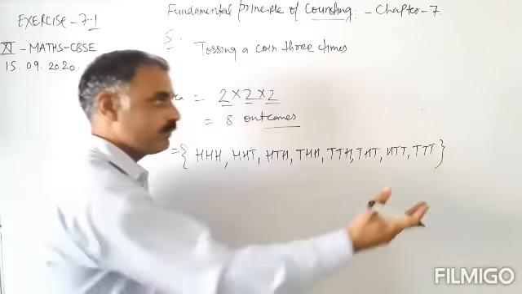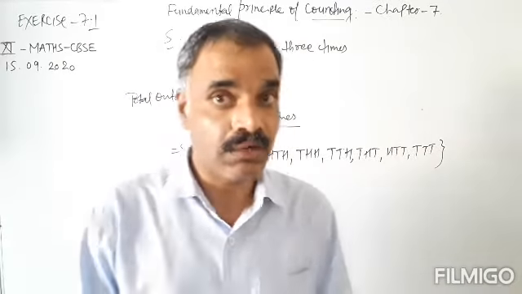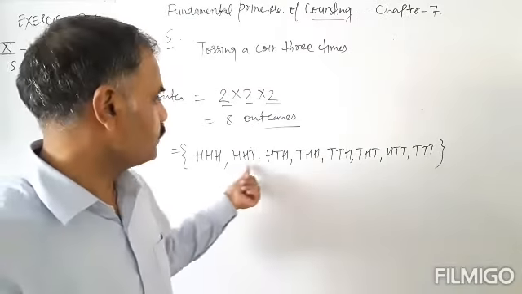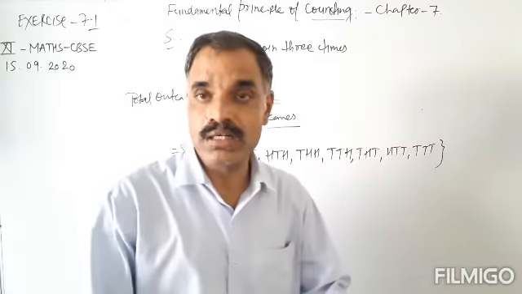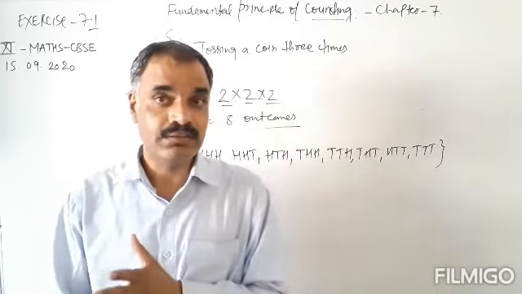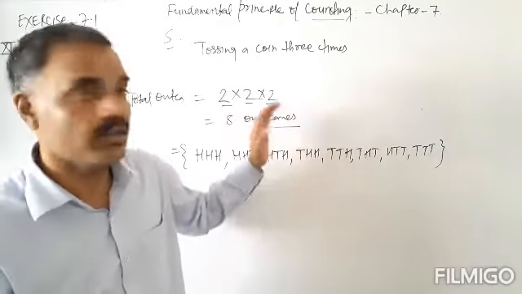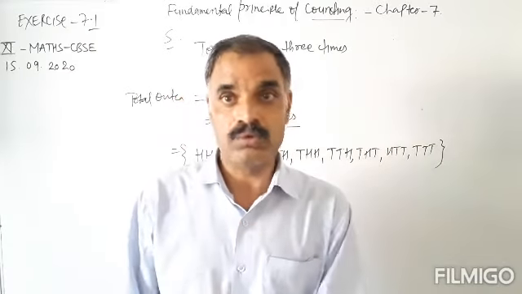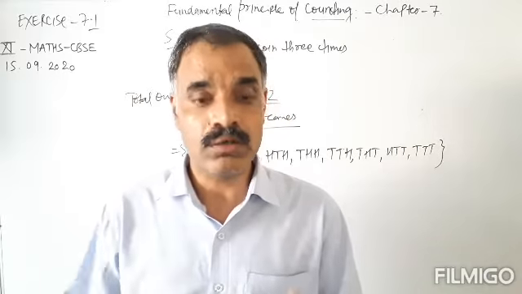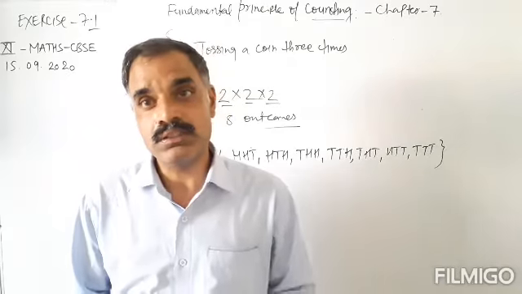So these are the possible outcomes. Count them: 1 2 3 4 5 6 7 8. Total outcomes are 8. So this is the method of counting by arrangement, and the other is the principle of counting or principle of multiplication. Okay, so this was question number 5.